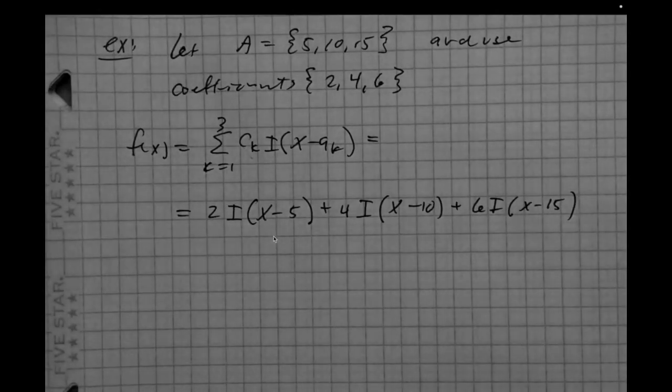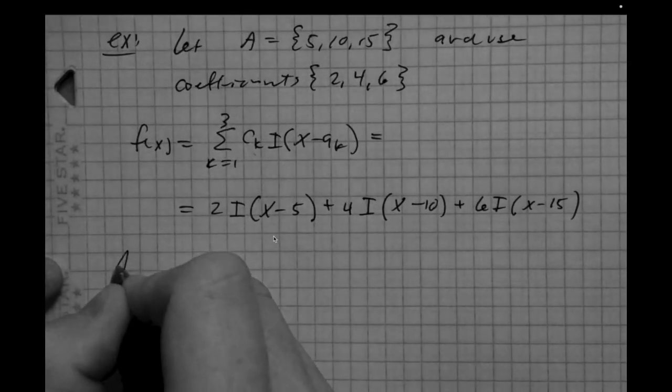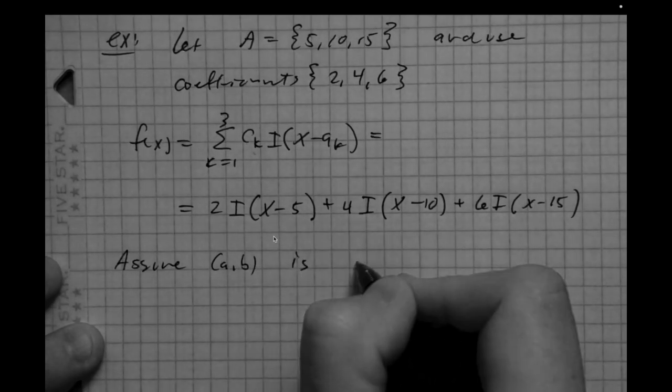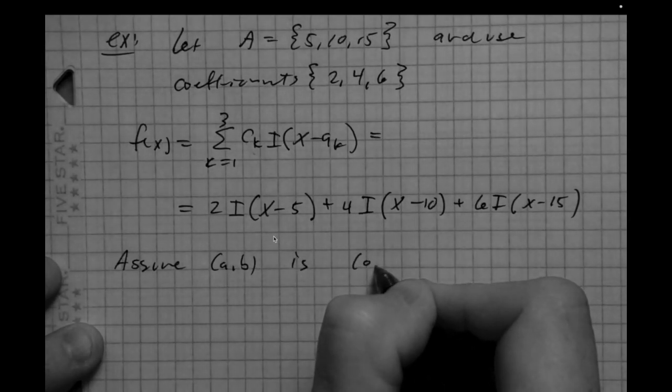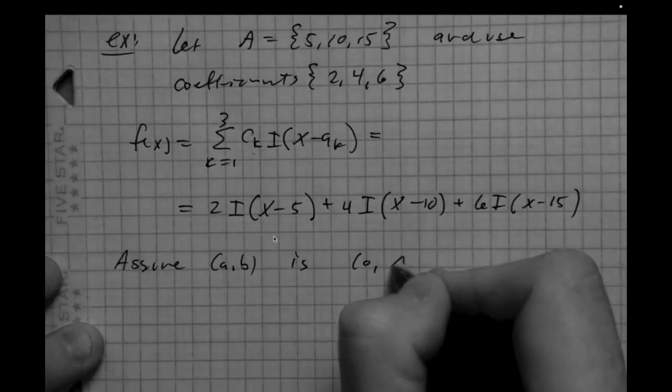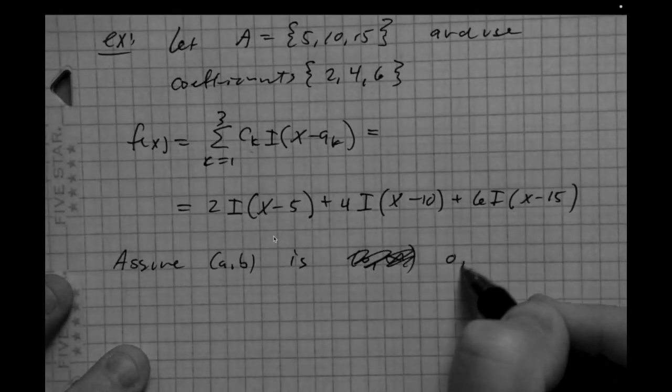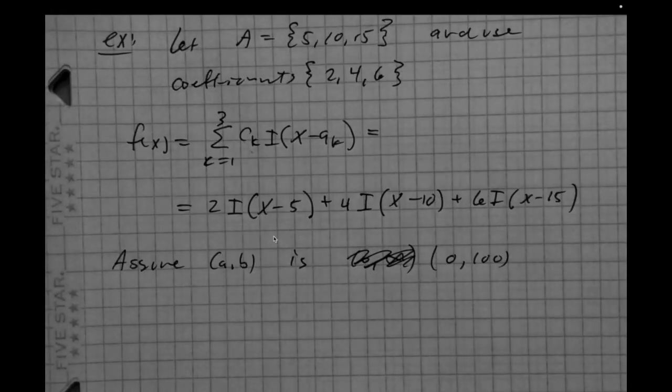There we go. Okay, so this is the function. And we'll assume the interval is 0 up to infinity, whatever. We'll just say 0 to 100. It doesn't really matter.